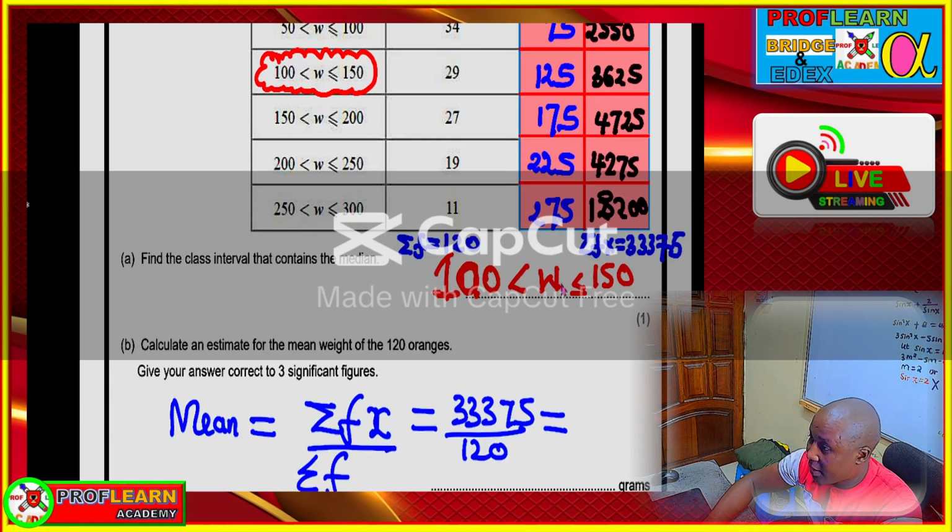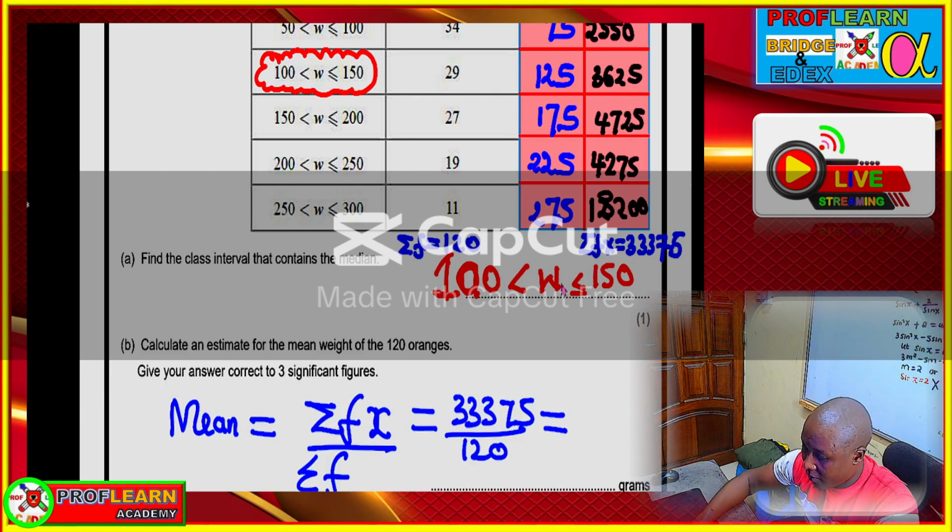If we add everything that we have there, we get 33,375, and the total frequency in that case is 120.